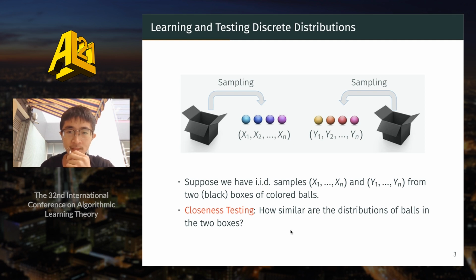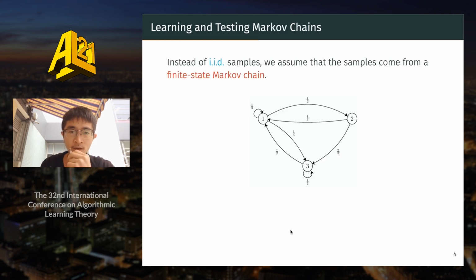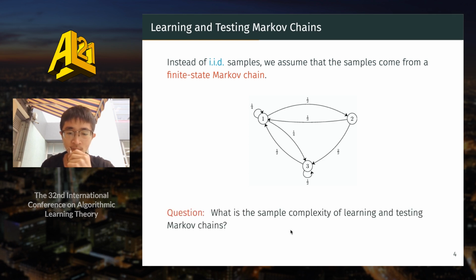For these problems in the setting of discrete distributions and IID samples, tight up to constant factor sample complexity bounds are known. So we would like to ask some similar problems in the setting of finite state Markov chains. It's kind of different because we don't have IID samples here. The samples are correlated. And many questions just naturally carry over in this setting. What is the sample complexity of learning and testing Markov chains?